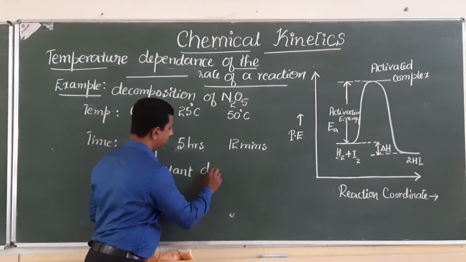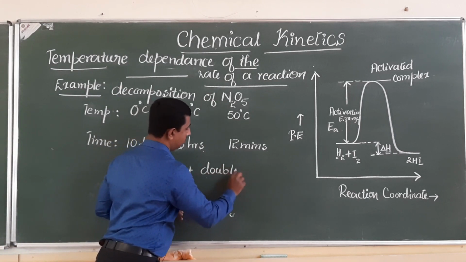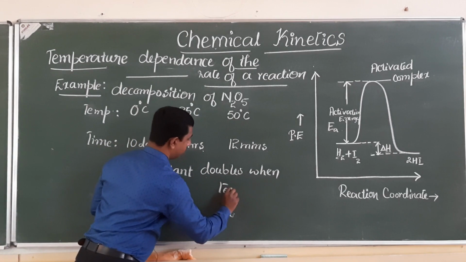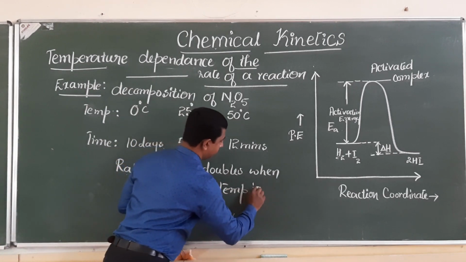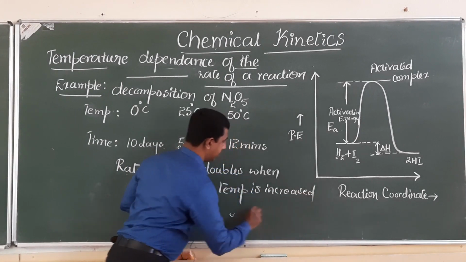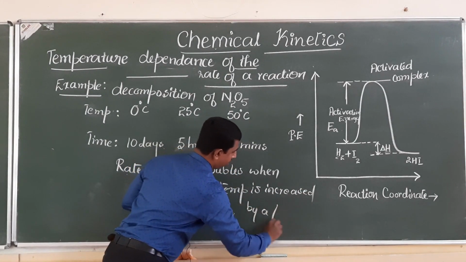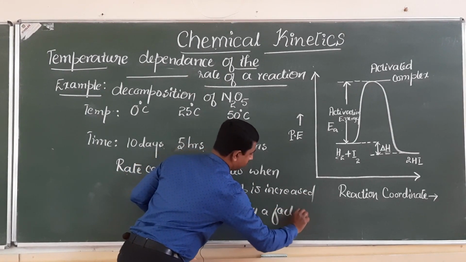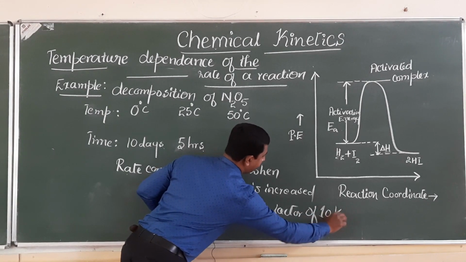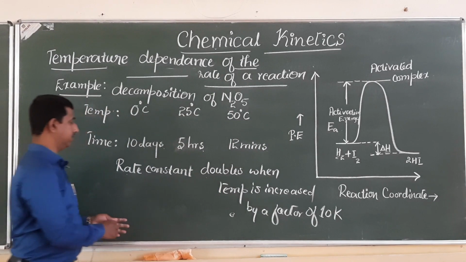Generally, in a chemical reaction, it is found that rate constant doubles when temperature is increased by a factor of 10, that is 10 Kelvin or 10 degree Celsius.